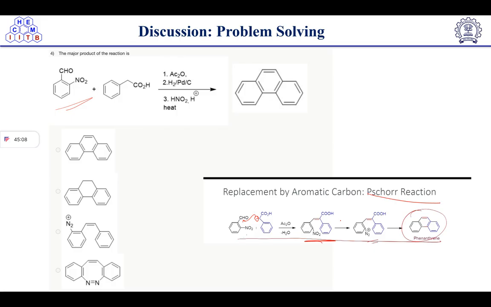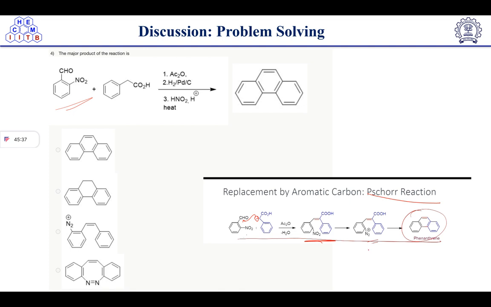After getting this intermediate, what will be the next thing? This nitro is getting converted to amine. How? So first electron pair donation will take place. HNO2 is given here.